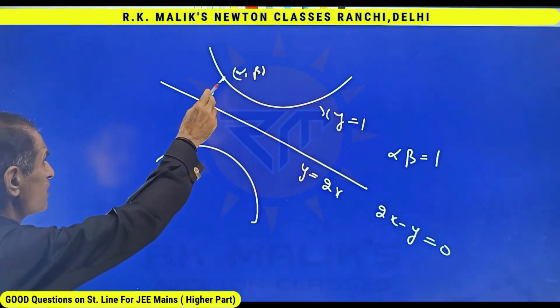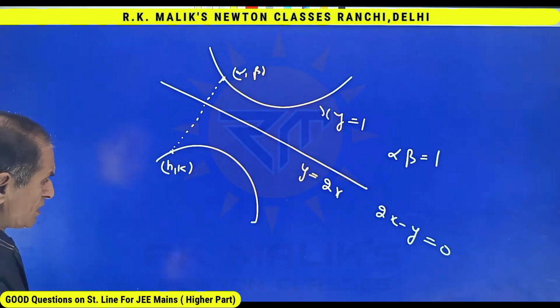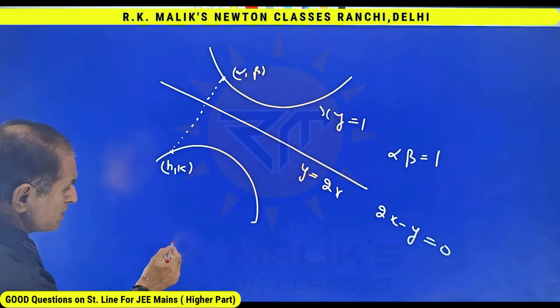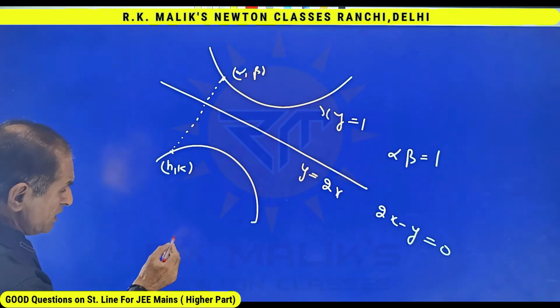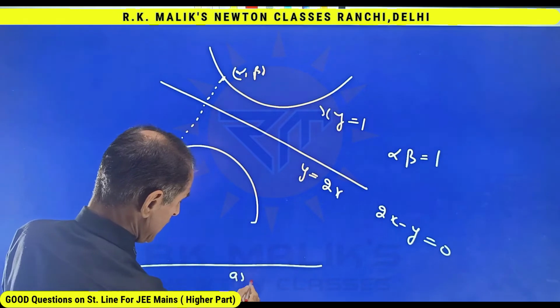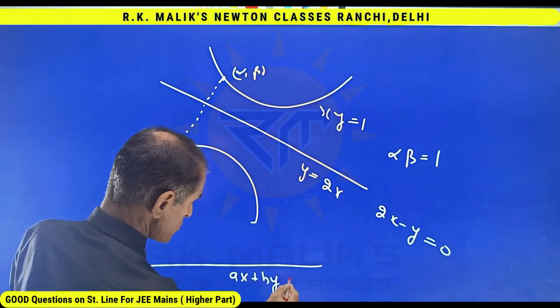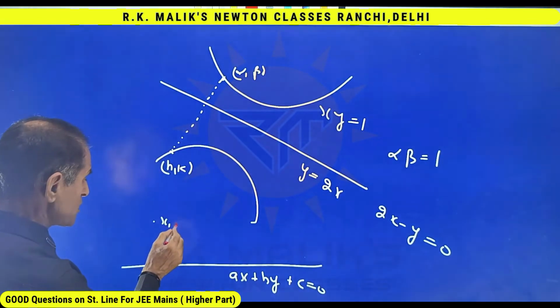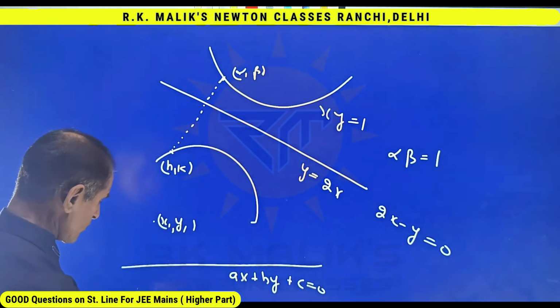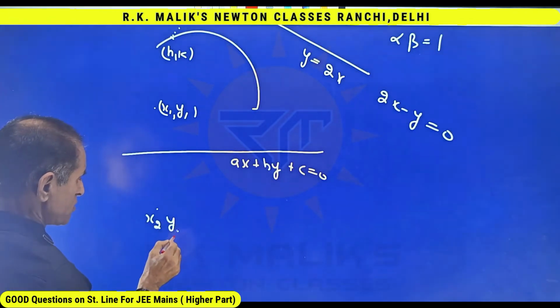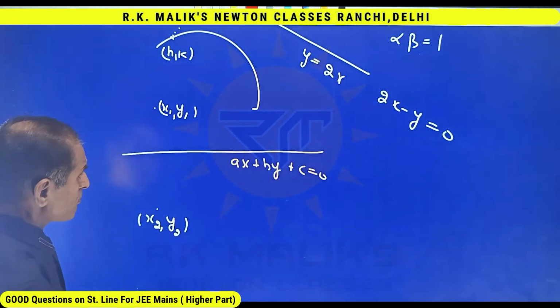See what I am going to do. Because I want alpha beta in terms of h, k, using the formula of finding the reflection of a point in a line, which is suppose ax plus by plus c equals 0, and this is the point x1, y1, this is the point x2, y2.